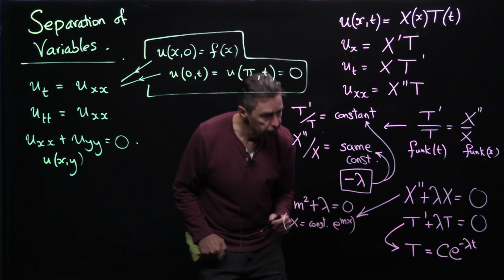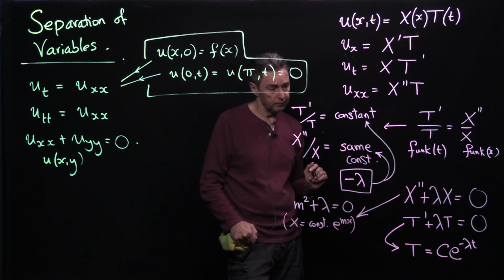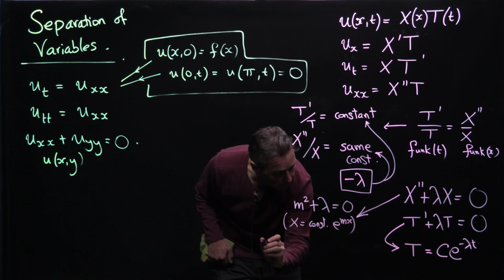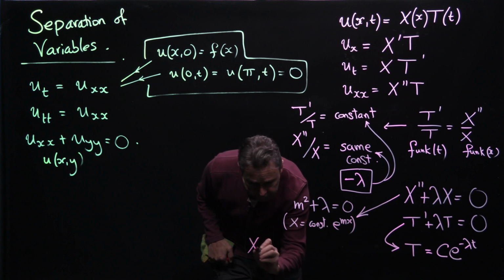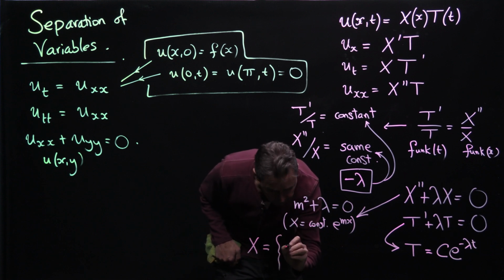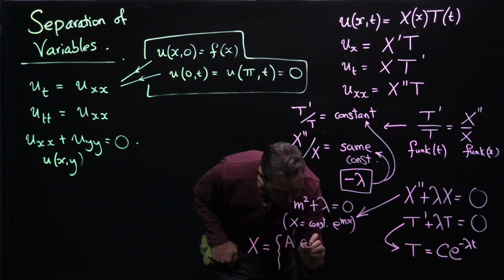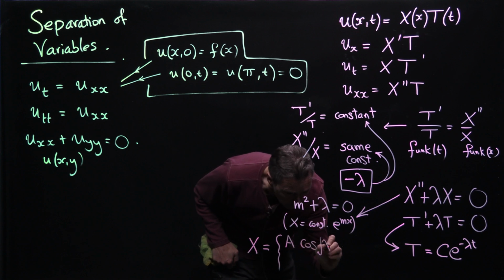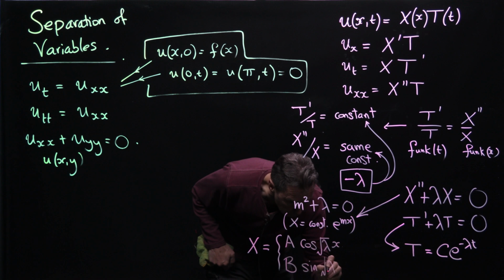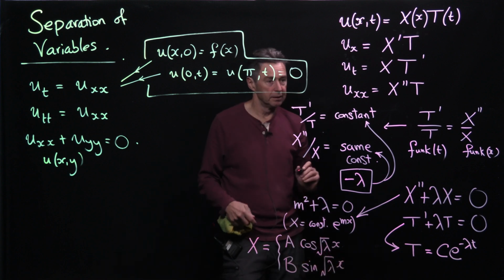Right, so I get complex solutions for m, like they're purely imaginary, and so we end up with x being either a constant, let's call it big A, times the cosine of the square root of lambda x, or another constant, sine of root lambda x.